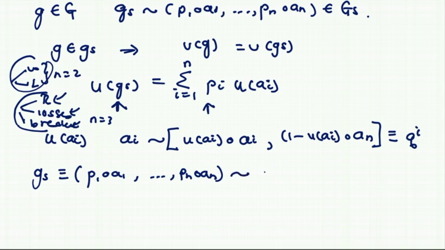G prime I can write this way: P1 composite of Q1, until Pn composite of Qn, and this is equivalent to G prime.